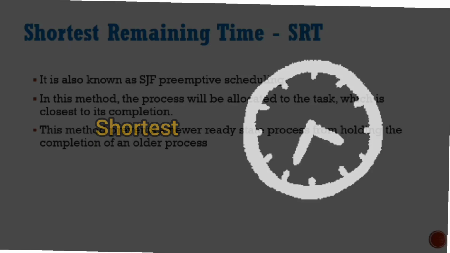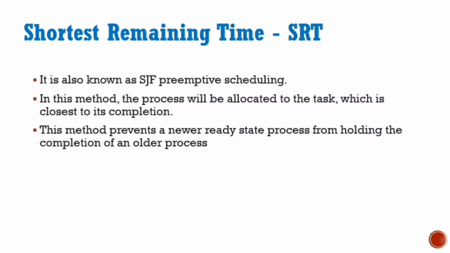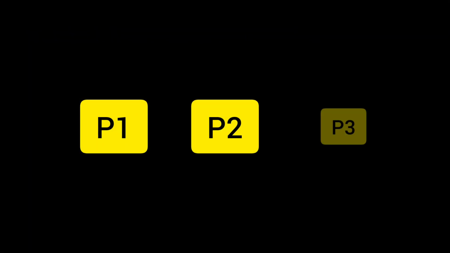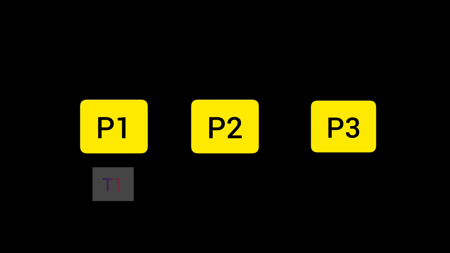The second scheduling algorithm is shortest remaining time, or the SRT algorithm, and it's very often called the SJF, or the shortest job first preemptive scheduling algorithm. In this methodology, the CPU will be allocated to the process which is closest to its completion.